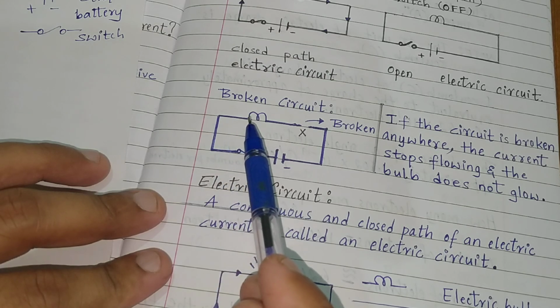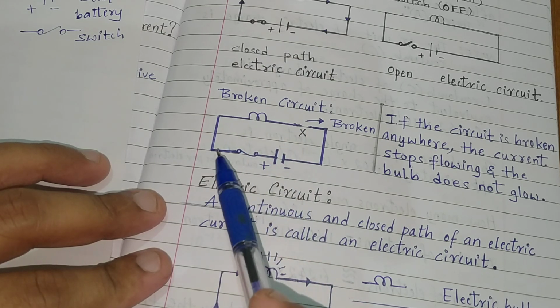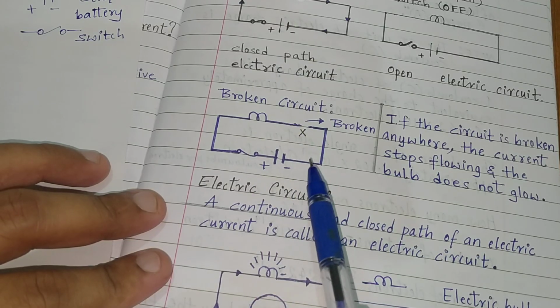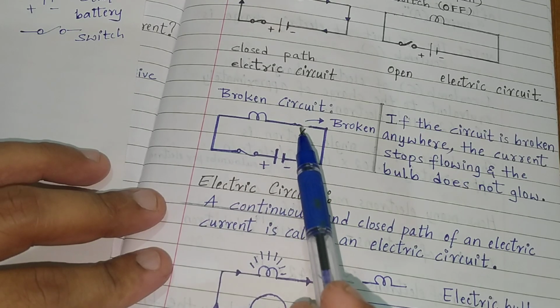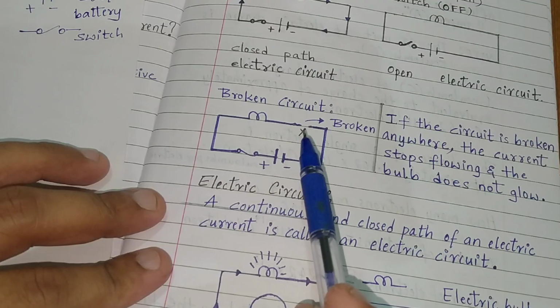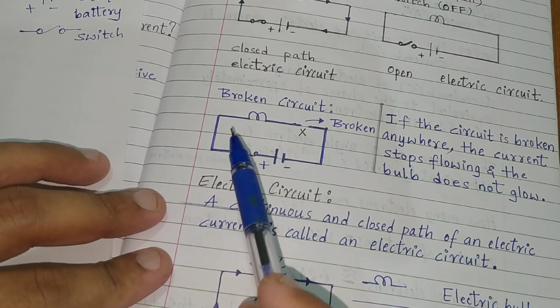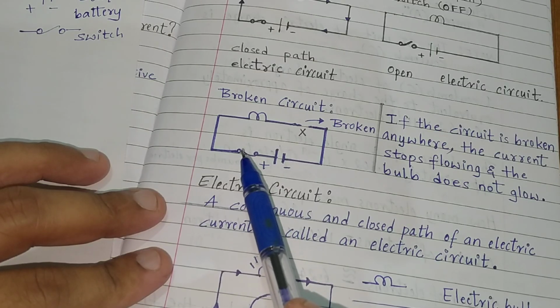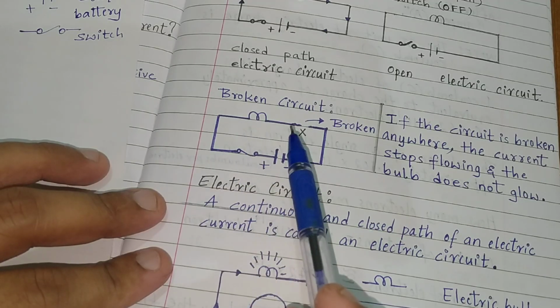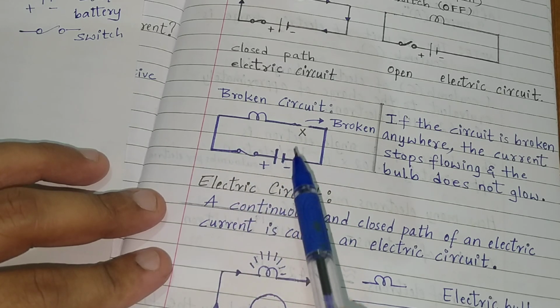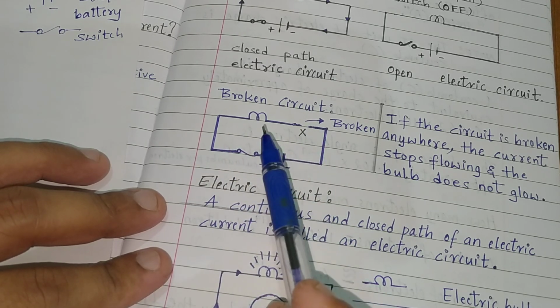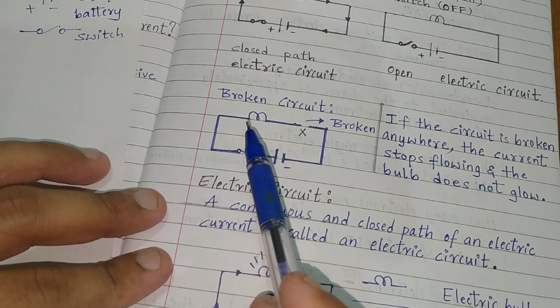So see here, it is a conducting path, but here in the middle of a conducting path, a circuit is broken, hence an electric current or a conventional current does not make a complete continuous path from a positive terminal towards negative terminal because it is a broken circuit, hence an electric lamp or an electric bulb does not glow.